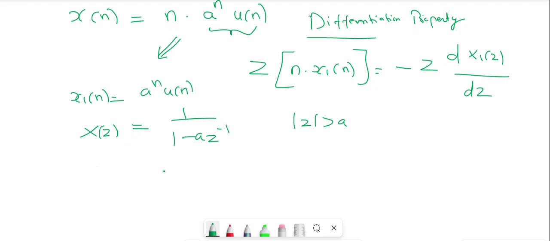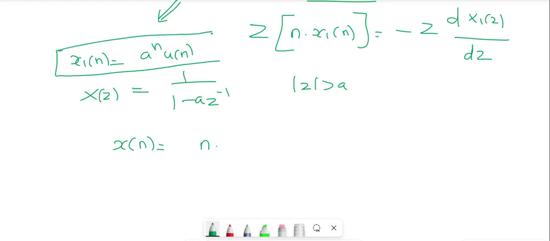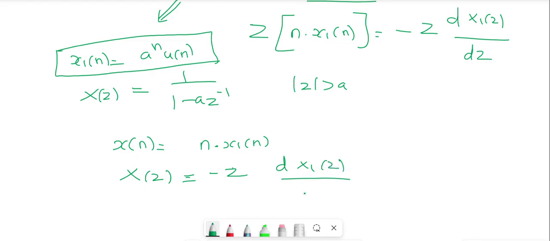Now x of n is equal to n into x1 of n. So now X of z is equal to, applying the differentiation property, minus z into d of x1 of z by dz.